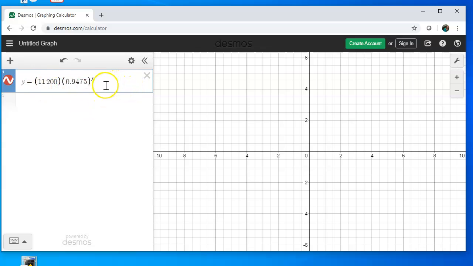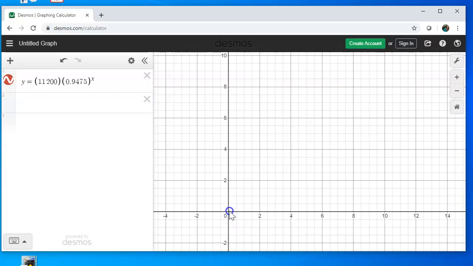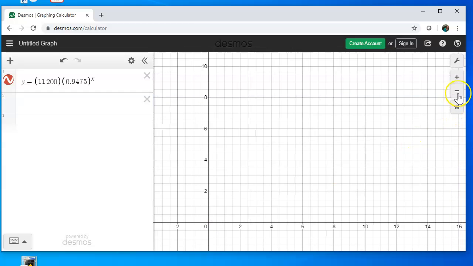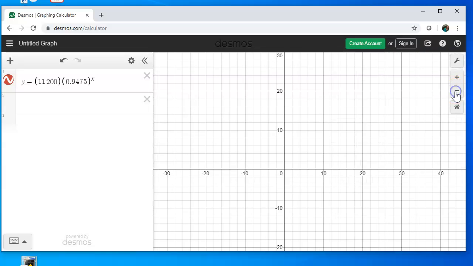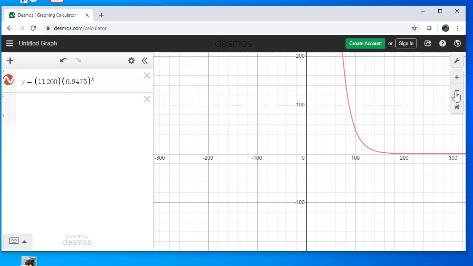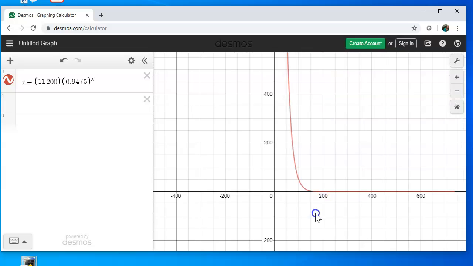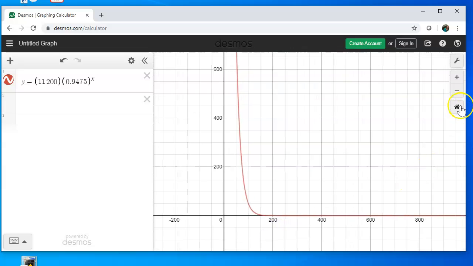And then we'll go ahead and graph this by just hitting enter, and it doesn't show on our screen here because notice that our start amount was 11,200. So I need to zoom out quite a bit so I can figure out where that's going to be. All right, and I can see my graph starting to form there.